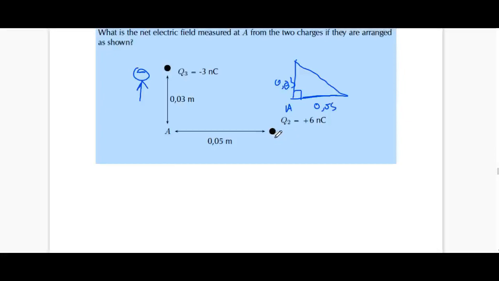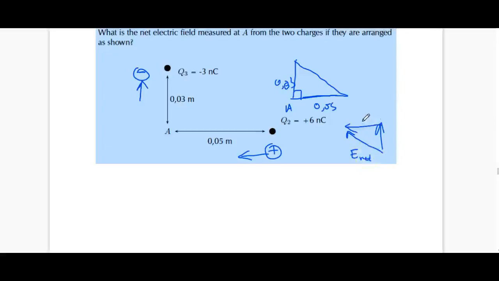The field lines of positive go outwards, so they go away from A. If I combine those two vectors using the head to tail method, I will have this, and this will be my resultant. This will be my E net.